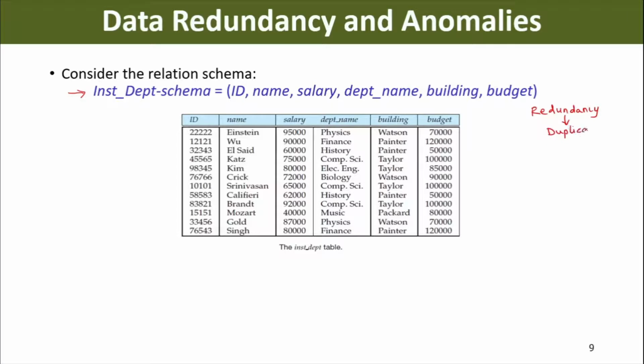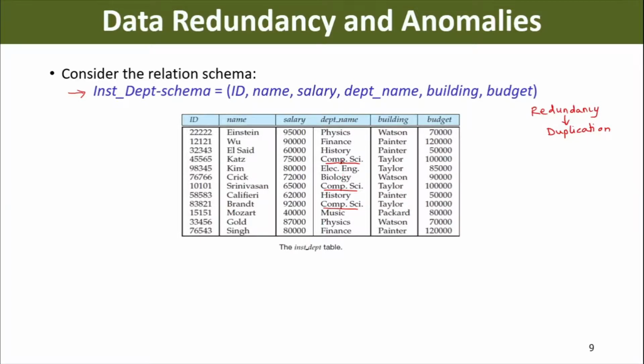So whether we are having any data that is being duplicated in this relation. If we look at this instance, obviously we are having some duplicate data here. Say for example, if we look at the records that belong to the same department, say the computer science department, right?